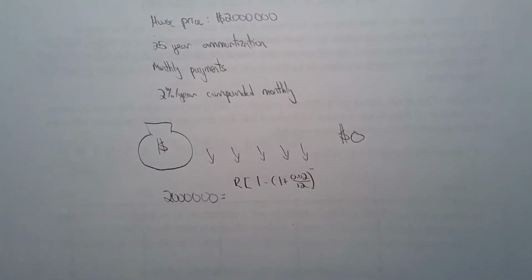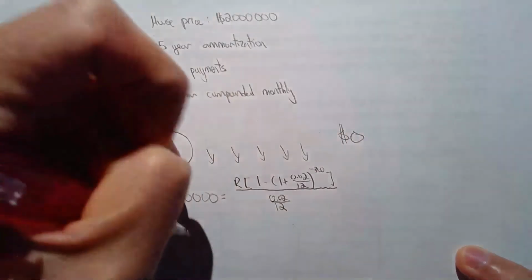Where are we at? We're going to solve for the payment. We've got that beautiful 2%. So 12 times a year for 25 years, that's 300 payments. The question is, how much is each of these payments?